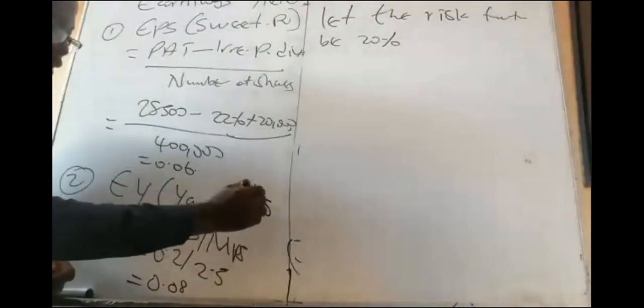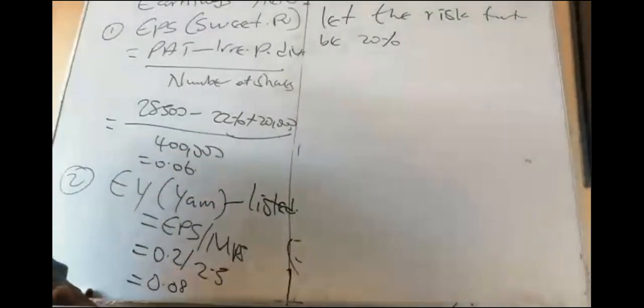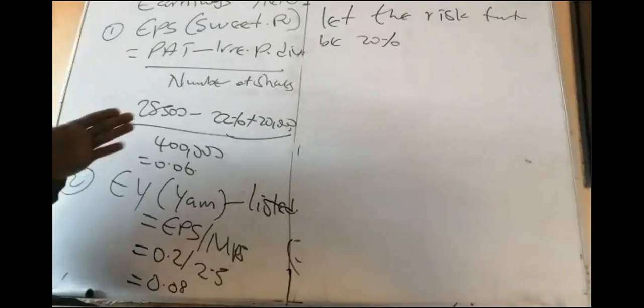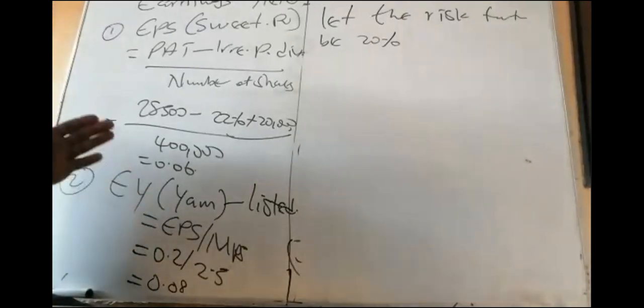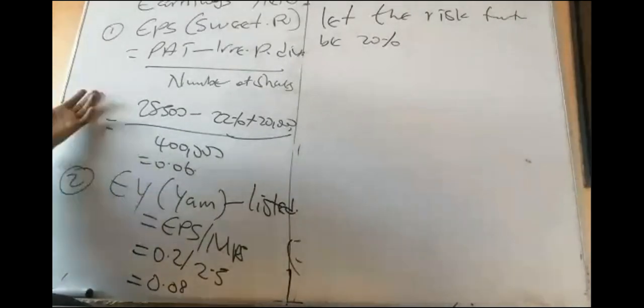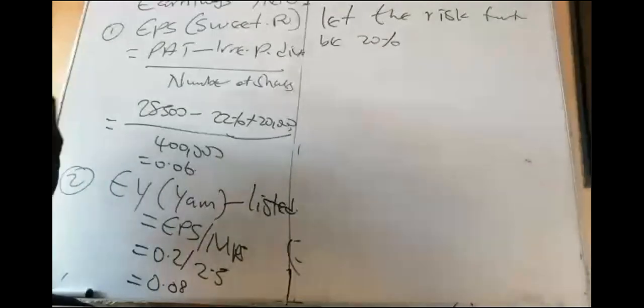Once Yam is a listed company, we have to assume a risk factor. We have to assume that Yam will always be less in terms of risk than the sweet potato, or sweet potato will be 20% riskier than that of Yam.